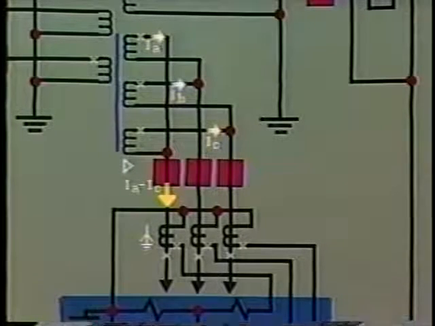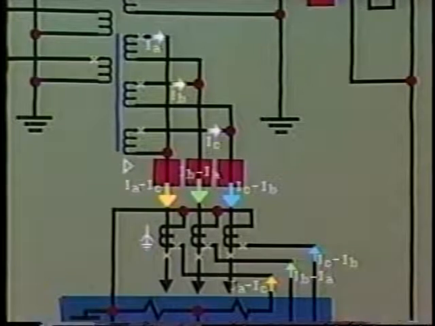For example, in line A, the current this way is IA minus IC, shown by a yellow arrow. Here we have IB minus IA, the green arrow, and in this line, IC minus IB, the blue arrow. The CT secondary currents are representative of the line currents and are indicated by appropriate yellow, green, and blue arrows.